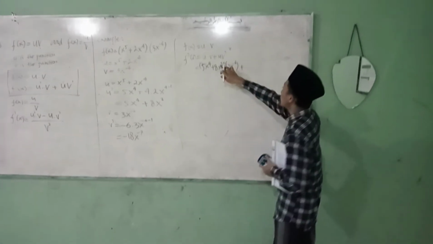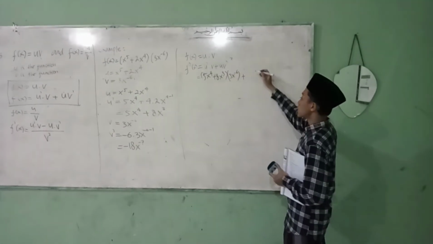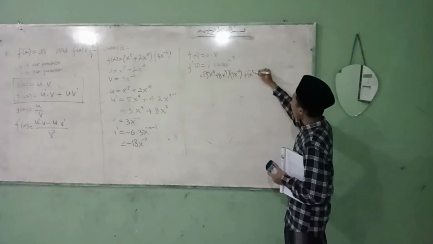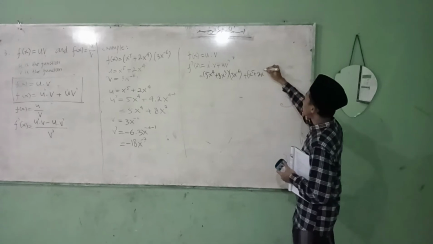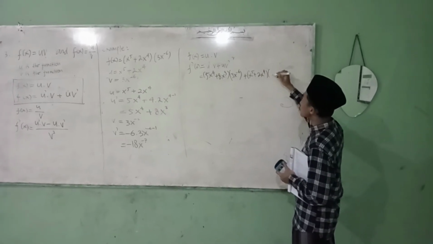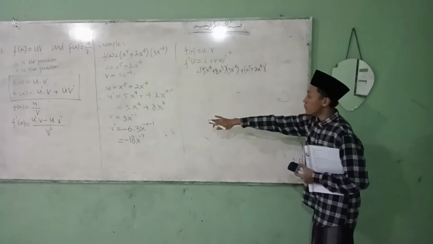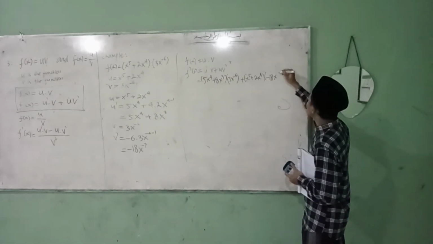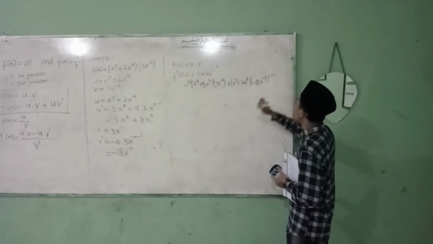Then plus u, which is 5x to the power of 5 plus 2x to the power of 4, times p prime, which is negative 18x to the power of negative 7.